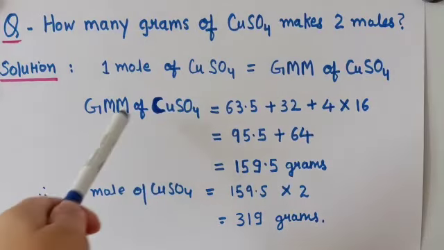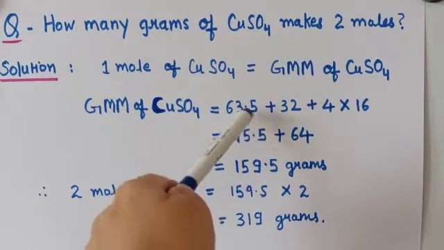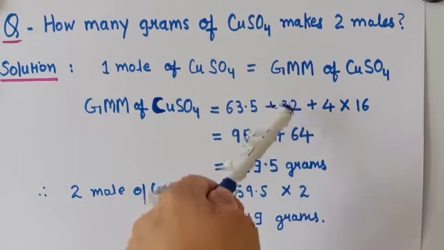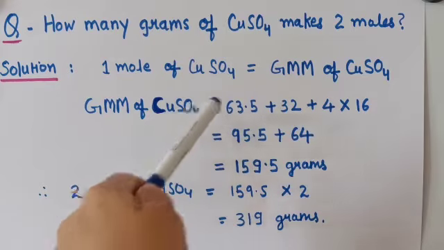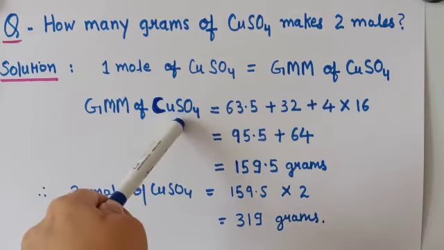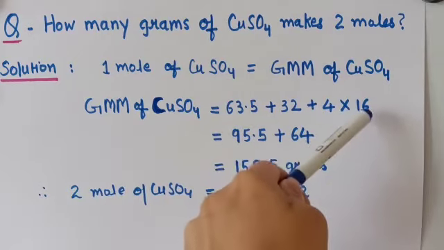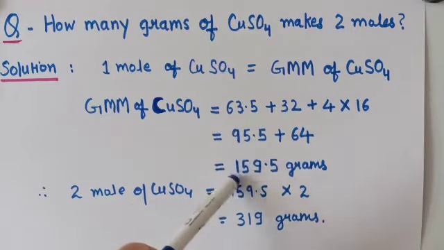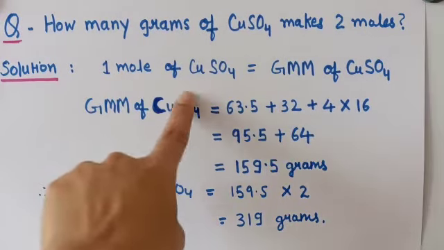The molecular mass of copper sulfate will be 63.5, that is the mass of copper, then we add 32, the mass of sulfur, then we add 4 times 16, that is 4 O atoms, 4 times 16, the mass of oxygen atom. It comes out to 159.5 grams. So we can say that if we collect 159.5 grams of copper sulfate, it will make 1 mole of copper sulfate.